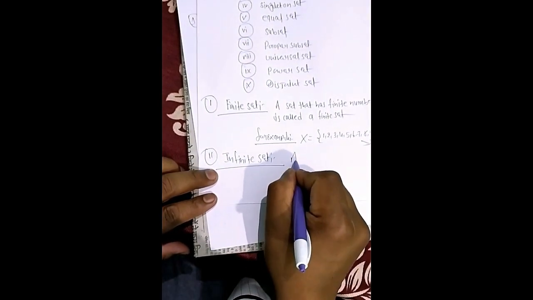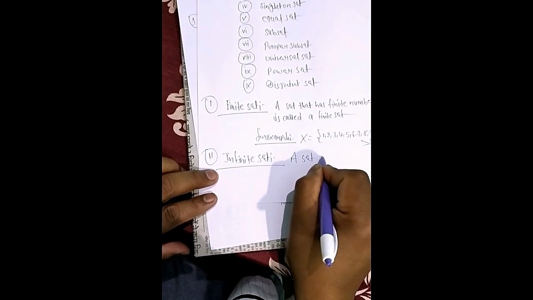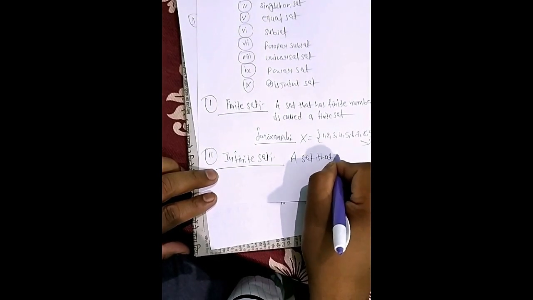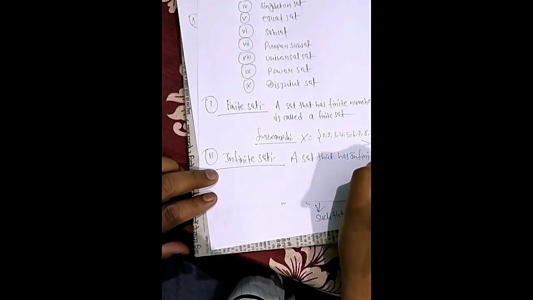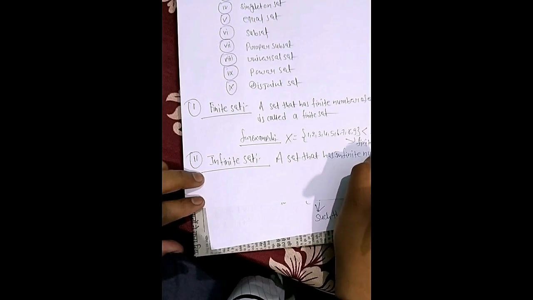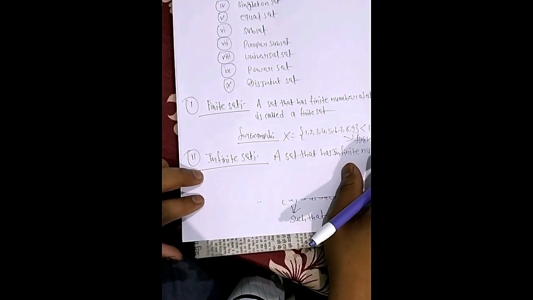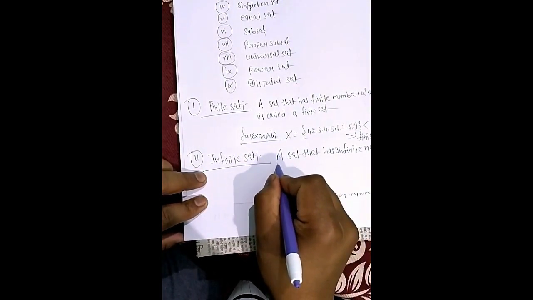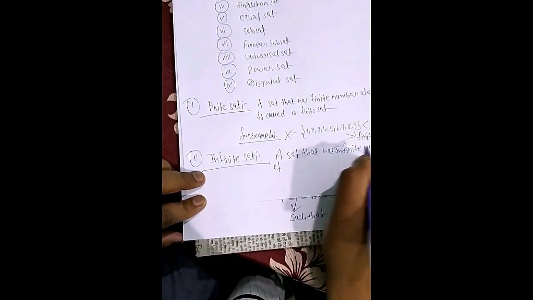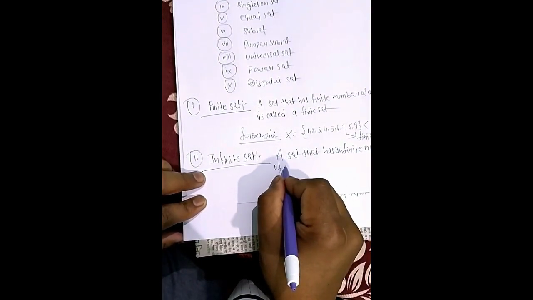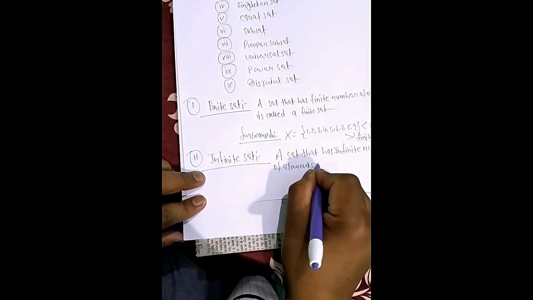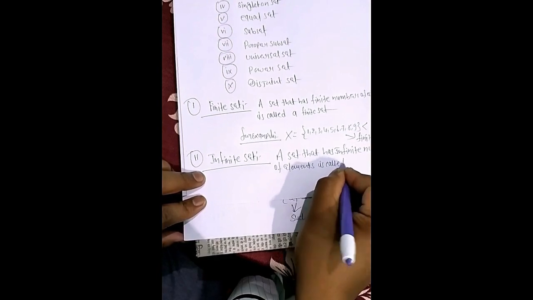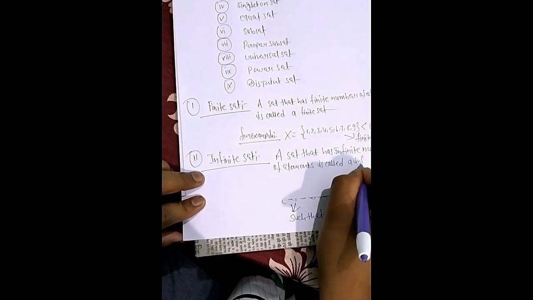Now second, we define with example, infinite set. Similar definition: a set that has an infinite number of elements is called an infinite set.